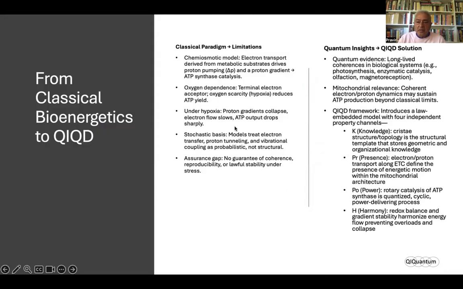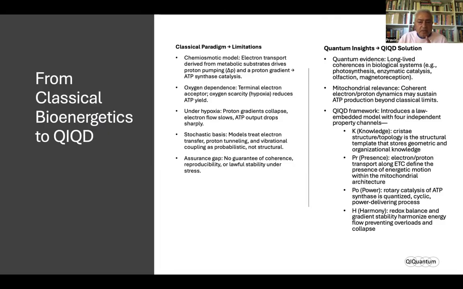When you contrast this with the QIQD based bioenergetics, then we have, of course, quantum evidence that there's longer lived coherence in biological systems. There's, for example, coherent electron proton dynamics that contributes to mitochondrial relevance, and this may sustain ATP production beyond classical limits.